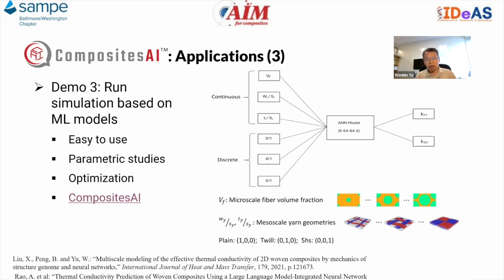It will go to the physics-based simulation, and then we can capture that data. And once the amount of data accumulates to a threshold we put there, about 500 or 1,000, we will update our machine learning surrogate model.